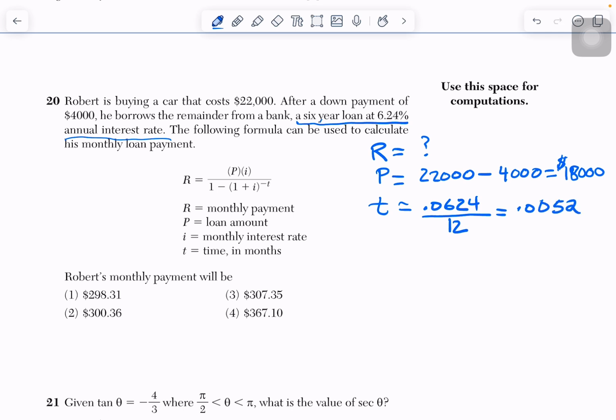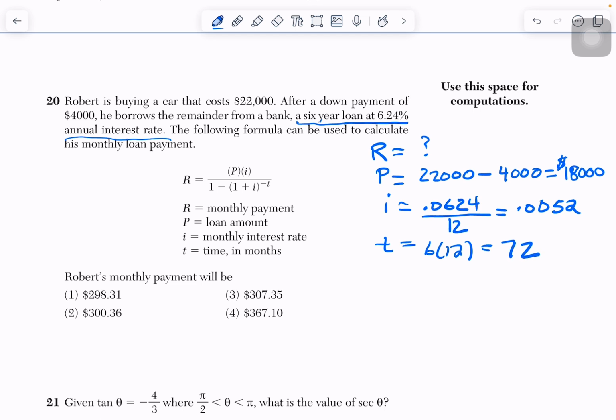Okay? And then t, and now our time is in months, and a 6-year loan, so this is 6 times 12, which is 72.